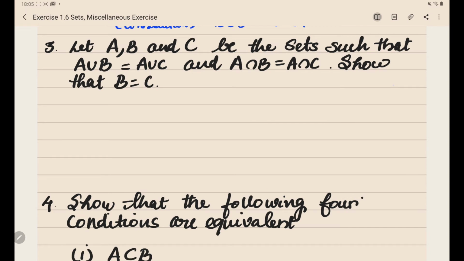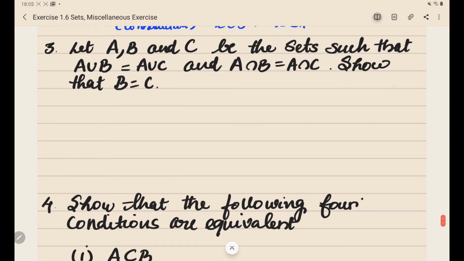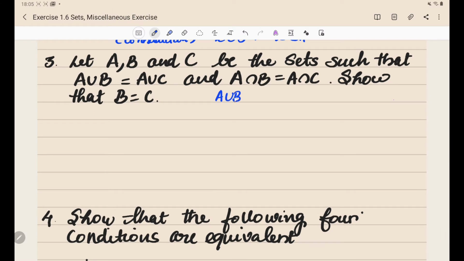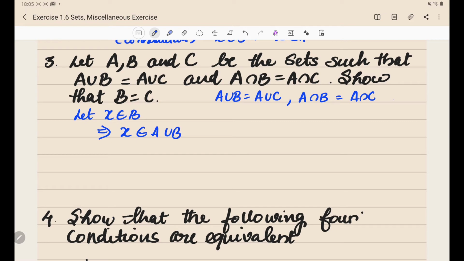So we have here three sets A, B and C, and it is said that A union B is equal to A union C, and it is also said that A intersection B is equal to A intersection C, and we have to prove that B is equal to C. For that, let's take x belongs to B. If x belongs to B, it also implies that x belongs to A union B, right?